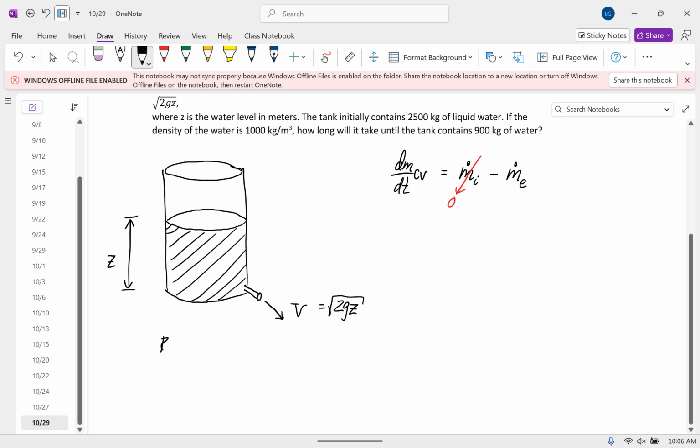Okay, so here's the relationship between the mass in the control volume and the height z.